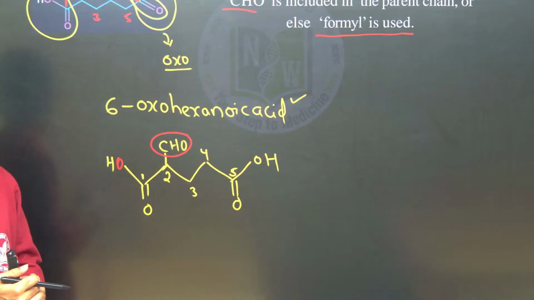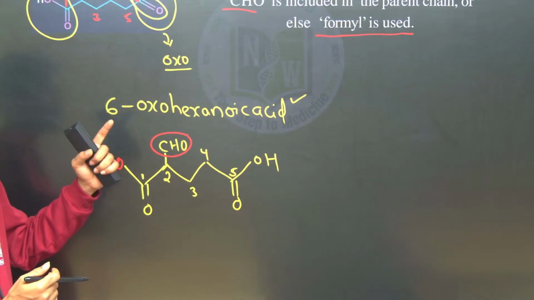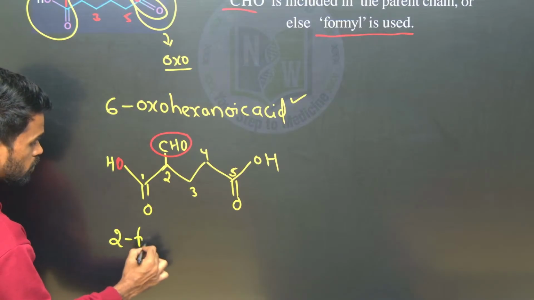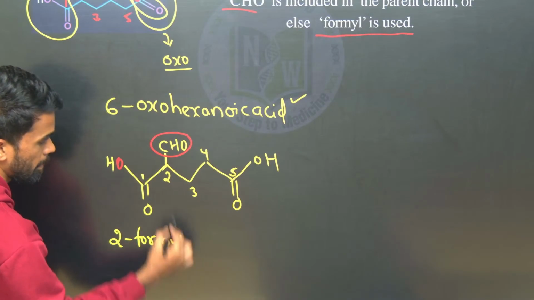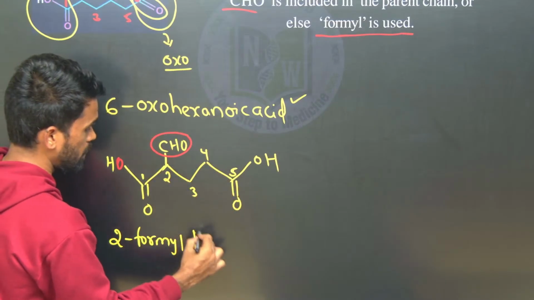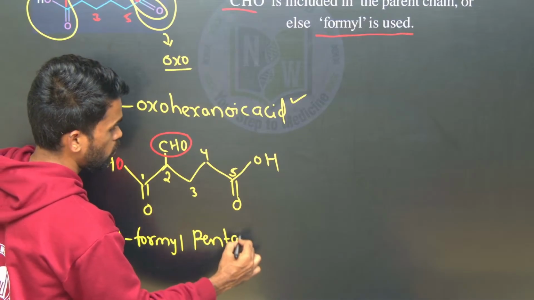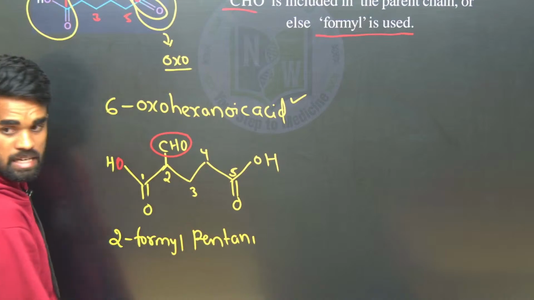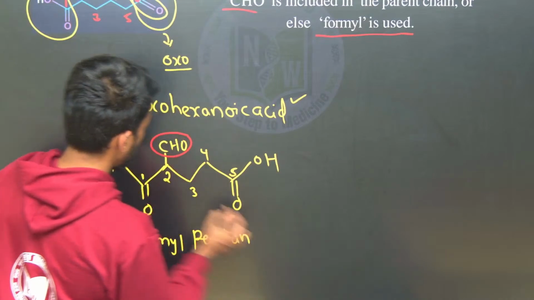So you should call it carbaldehyde also. Formyl also, but somewhere we can say okay. So we can say 2 formyl. What is the chain here? How many carbons are there? Pent, pentane. How many carboxylic acids are there? 2. Here and here.